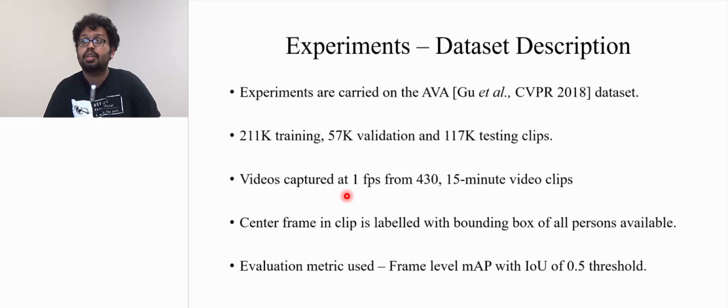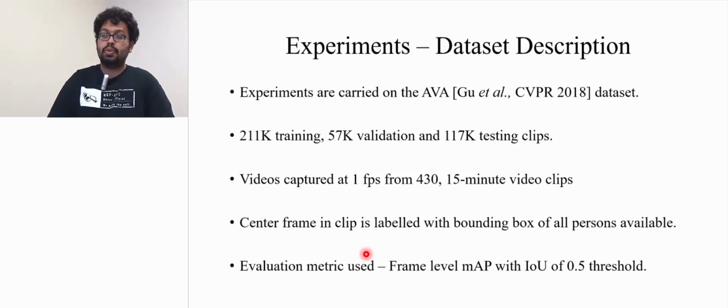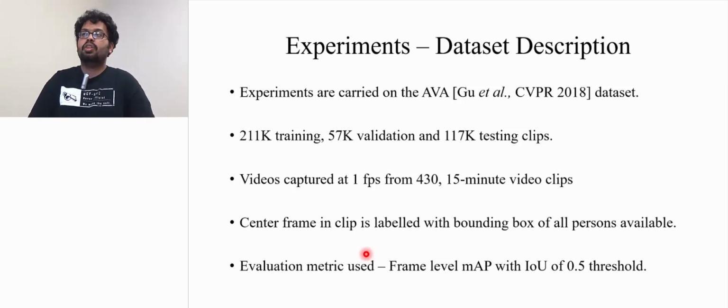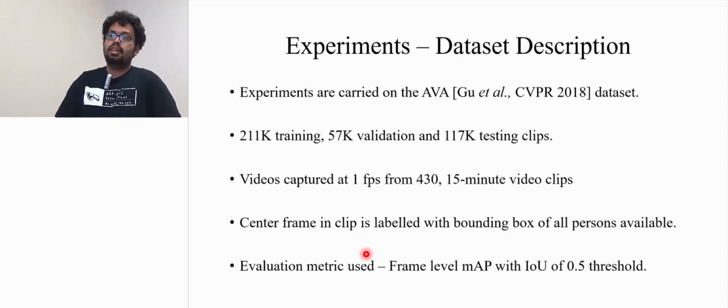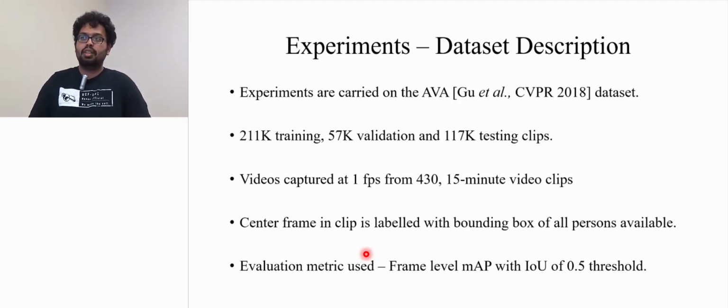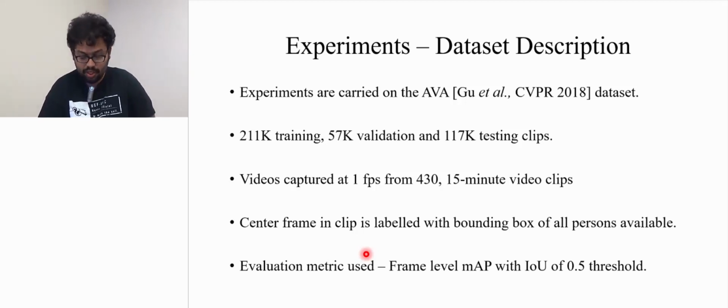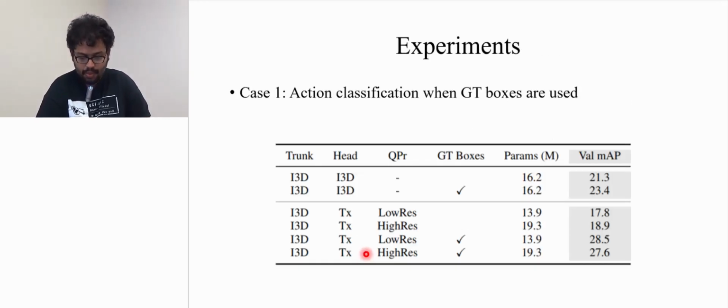The videos have been captured at 1 frame per second from thirty 15-minute video clips, and the center frame in the clip is labeled with the bounding box of all the different persons available in that frame. The evaluation metric used is the frame level mean average precision with an intersection over union of 0.5 as the threshold, and the authors claim that unless specified otherwise in their results, they have stuck to frame level mean average precision.